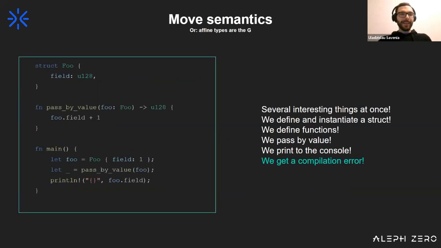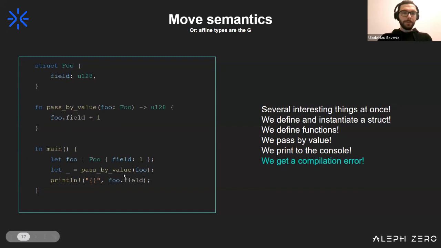Yeah, so there's an example of move semantics. What we're doing here, we have this struct Foo with just one field of unsigned 128. We have the function which wants to accept some Foo and basically add to its field whatever plus one and return this instance. So now we make this instance here.